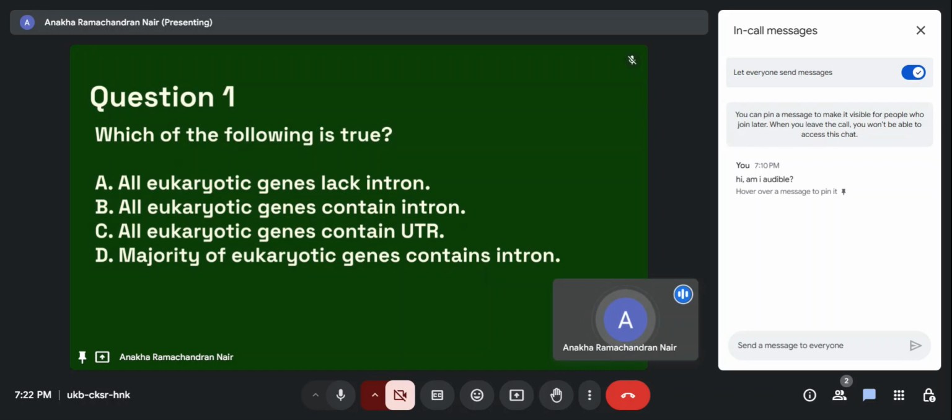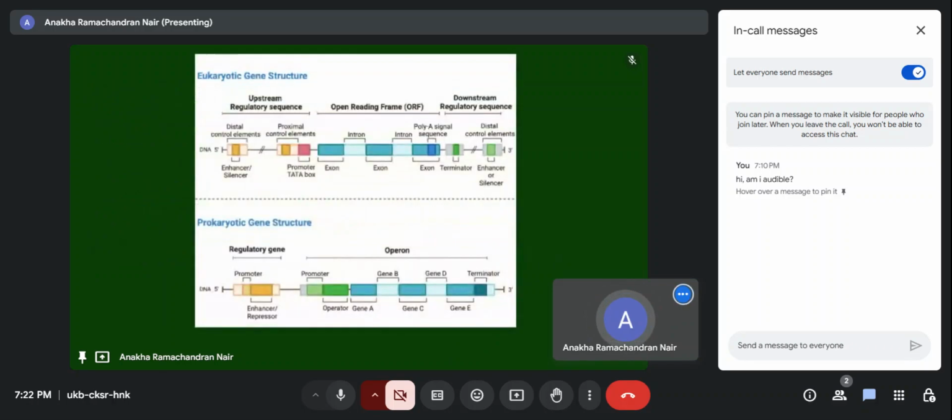There is a difference between the genes that are present in eukaryotic cells and those present in prokaryotic cells, right? So let's see what they are. The one on the top is the eukaryotic gene structure, and the one on the bottom is the prokaryotic gene structure. Let's first start with the prokaryotic one. On the 5 prime side, you have the promoter, with the enhancer or repressor.